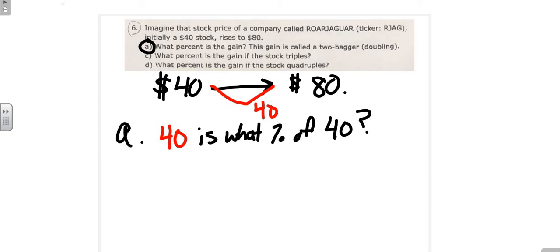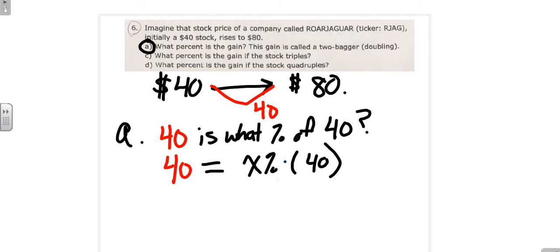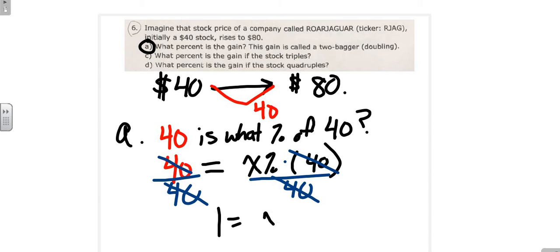Here's the equation form. 40 is an unknown percent times 40. So the opposite of multiplying is dividing. This turns out to be 1 equals X percent. Now because that's a whole number, technically that 1 is 100%. That's called a doubler.